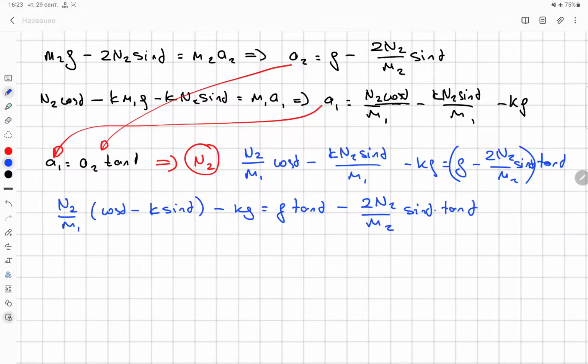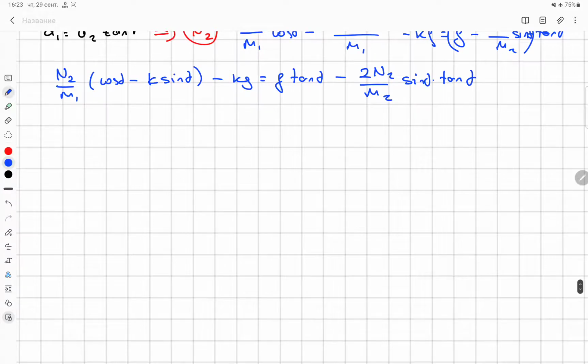Let me collect n2 on one side because only n2 is unknown.